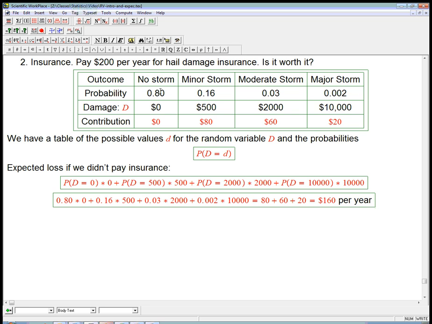So that's another example of expected value. It's not expected payment to us, it's an expected amount we'd have to pay if we didn't have the insurance. So is this insurance a good idea?